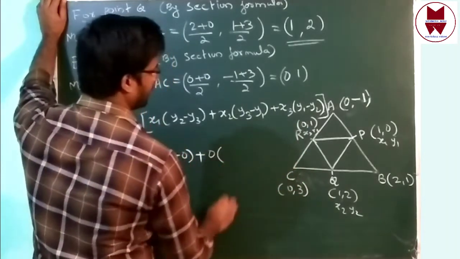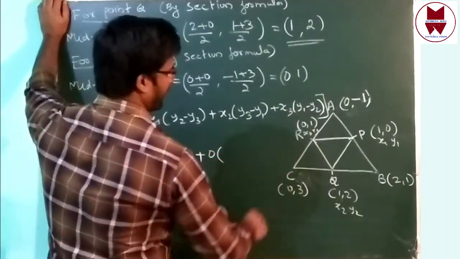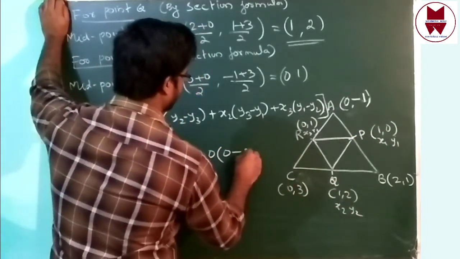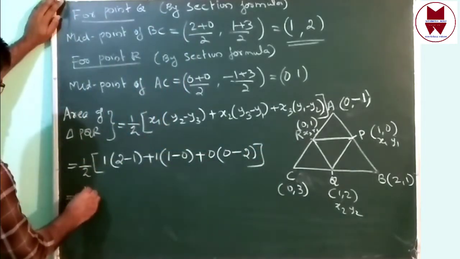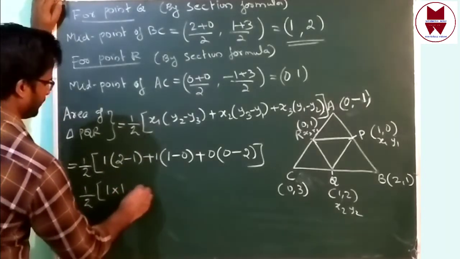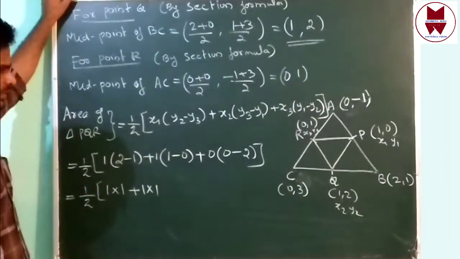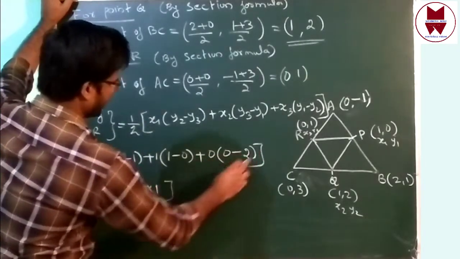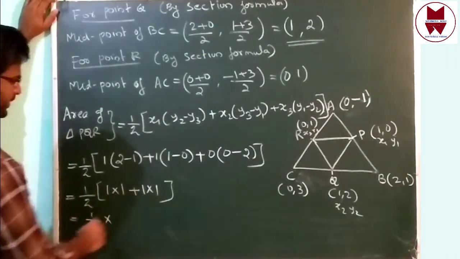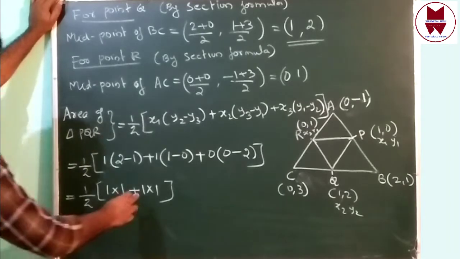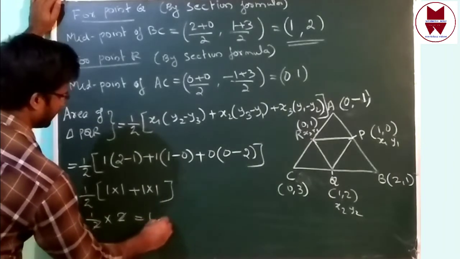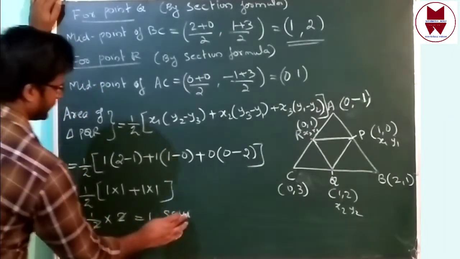It is 0, times y1 minus y2, 0 minus y2 is 2. 1 by 2, 1 into 2 minus 1, 1, plus 1 into 1 minus 0 is 1, then the last term will be 0, 0 into the remaining terms. 1 by 2 into what we get inside the bracket: 1 into 1, 1, then again 1 into 1, 1. 1 plus 1, 2. 2 and 2 cancel, you will get 1 square unit.